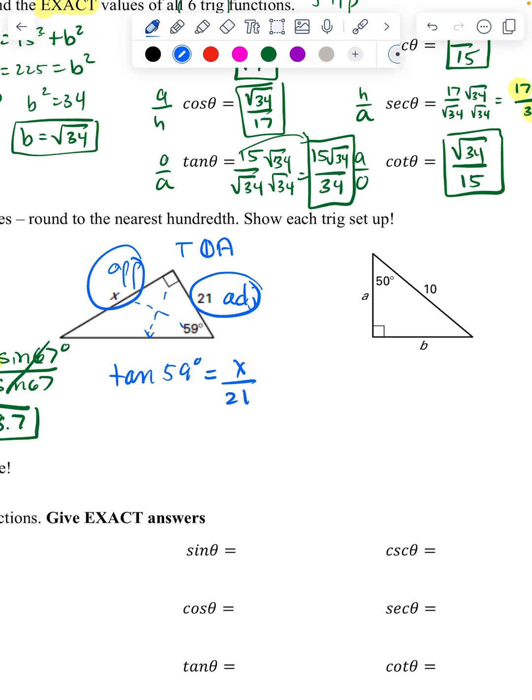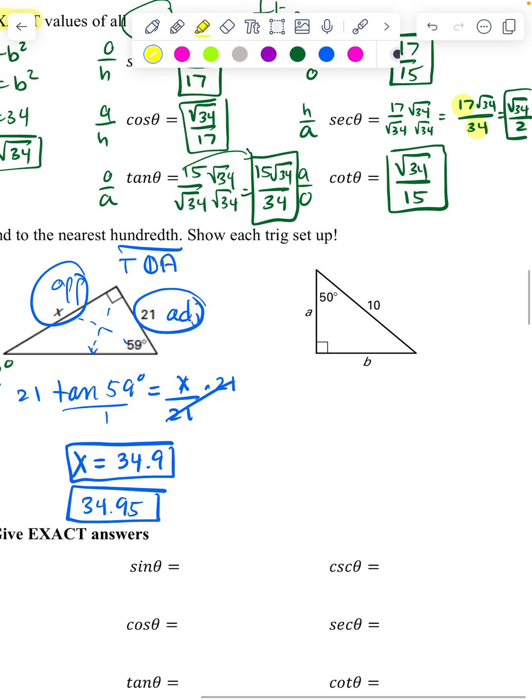You can still throw down the 1 and do cross multiplying, but when the x is on the top, it's easier to just multiply the 21 up in this case. And then on my calculator, I'm just doing 21 times the tangent of 59, and I'm getting an x value of 34.9. Oh, it says hundredths, so technically 34.95.